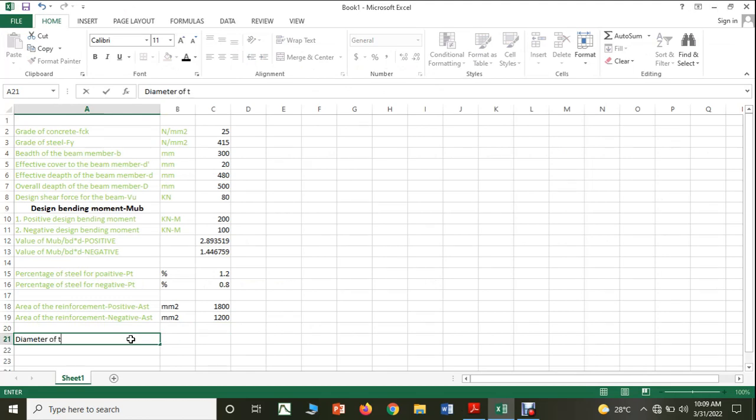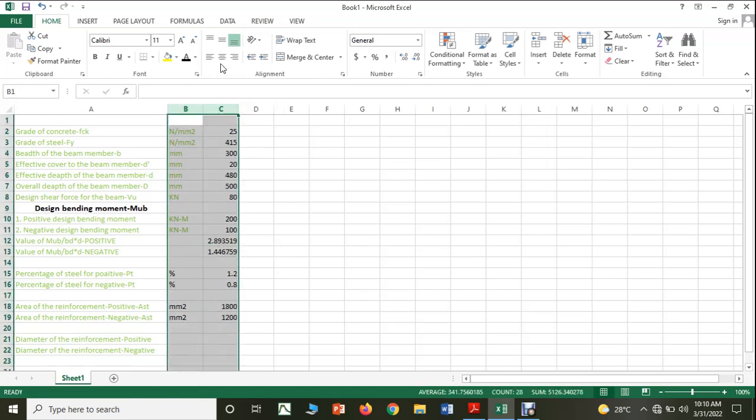Diameter of the reinforcement, again positive. Next you have negative.